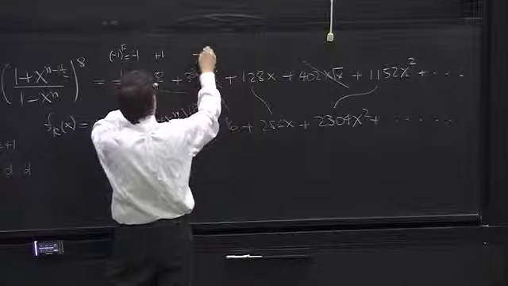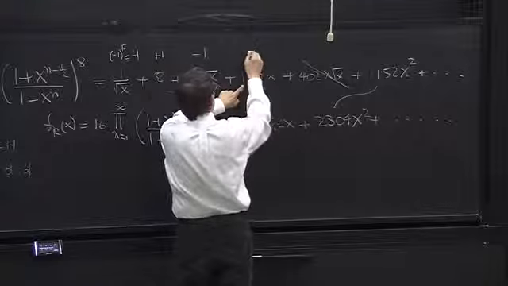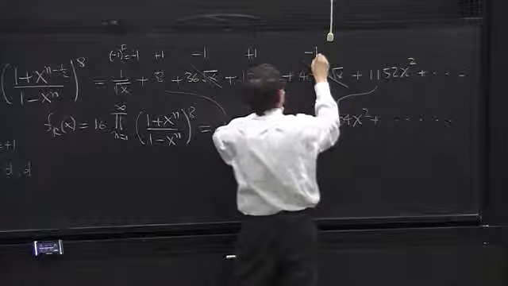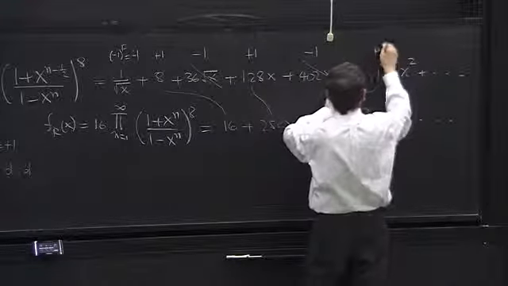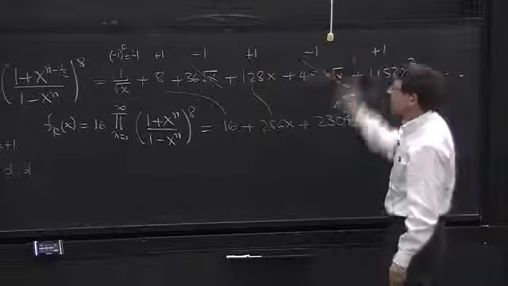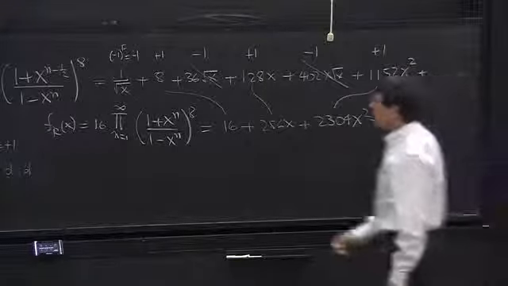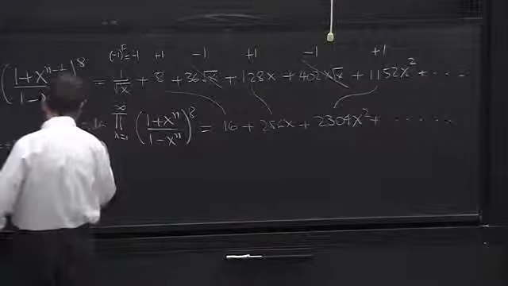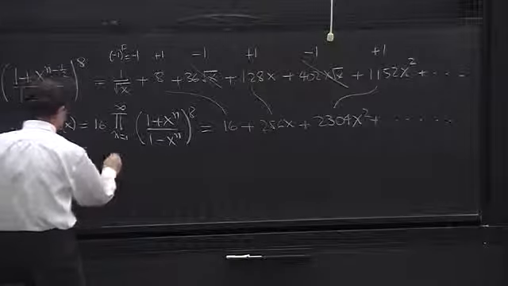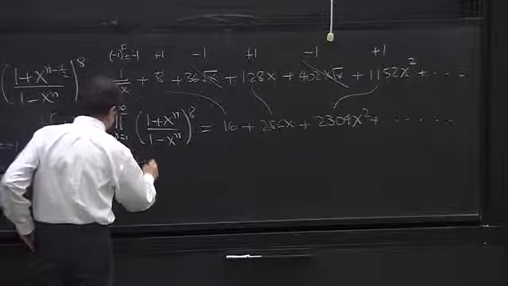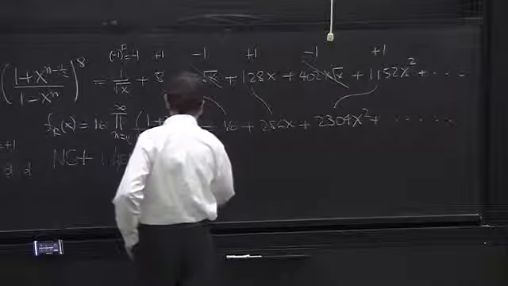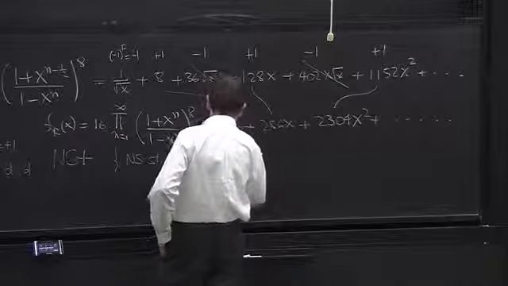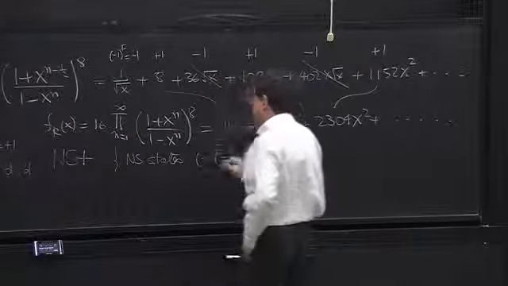Therefore, this has -1, this has +1, this has -1, this has +1, which is good. We can get rid of this. So we define the NS plus sector as the NS states with (-1)^F equal to +1, and we will keep those.